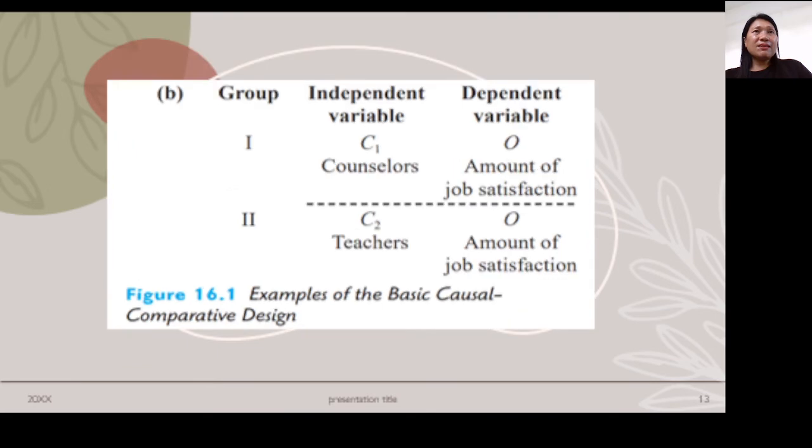And the second design is this one. The groups that you compare differ on known characteristics, meaning both of the groups have known characteristics. Like in this example, in the first group there are counselors, and in the other there are teachers.